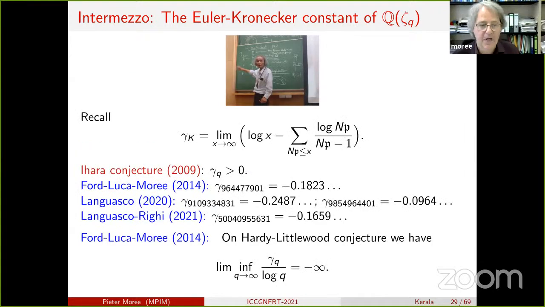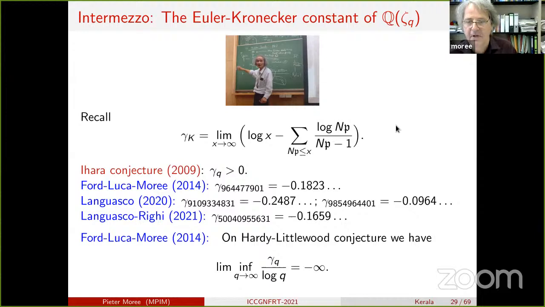And then Ihara. Here you see Ihara, known, for example, from the Ihara zeta function and many things. He's an incredible mathematician, I think. But he conjectured, on the basis of some numerical data of a student, I think, that this gamma of q is always greater than 0. The reason is that for a cyclotomic number field, the smallest norm that you can have is just q.